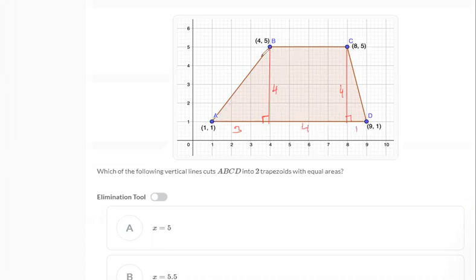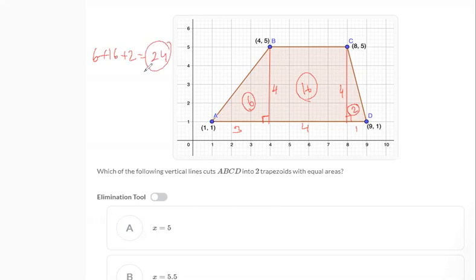So the area of this triangle is 4 times 3 over 2, which is 6. And 4 times 1 over 2 is 2 right here, and this is 4 units, this is 4 units, 4 times 4 will be 16. So the whole area of this shape is basically 24. I add those numbers, and that gives me 24.